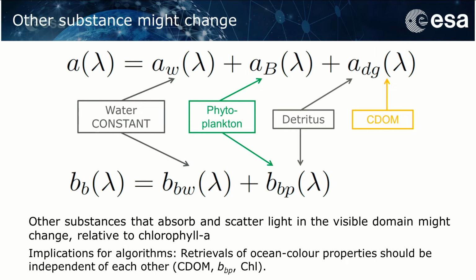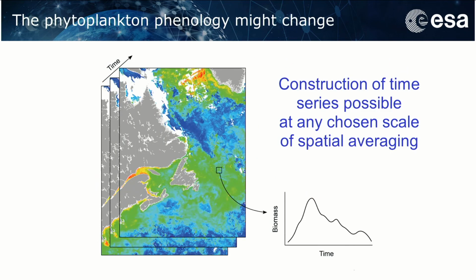We don't know. So we want an algorithm that will retrieve our ocean colour properties independent of each other. We're also interested in CDOM. We're also interested in detrital matter. So if we want to look at how climate changes these other properties, we don't want them to be affected by covariations with chlorophyll.